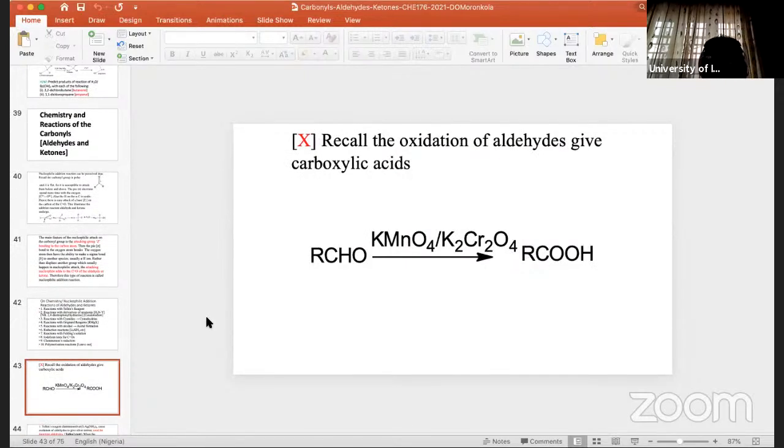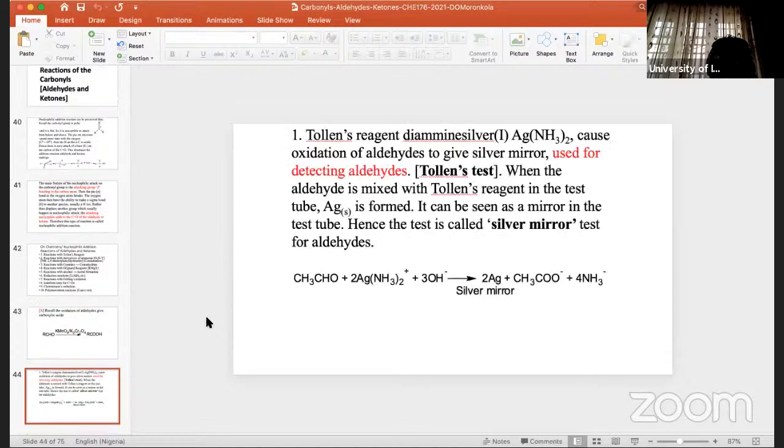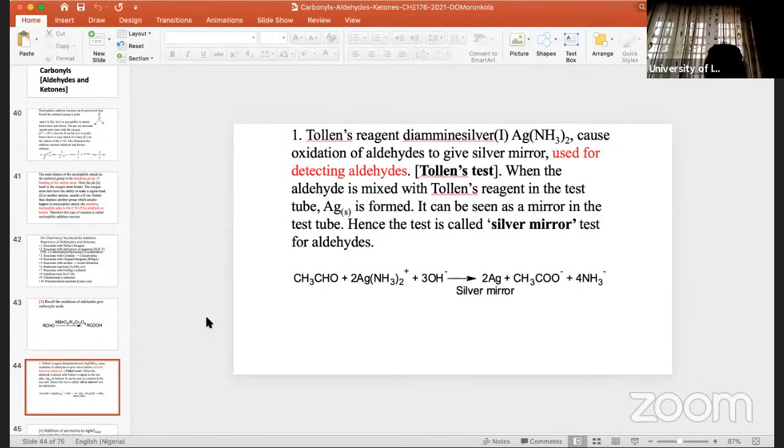You will recall that whenever you oxidize an aldehyde, you will get your carboxylic acid. We have done that earlier, but for the reaction of Tollens' reagent with carbonyls, we normally refer to this reaction as giving a silver mirror, and it's specifically for detecting our aldehyde. We refer to it in the lab, your 191 practical class, as Tollens' test. Now, when the aldehyde is mixed with Tollens' reagent in the test tube, you have solid silver being formed.